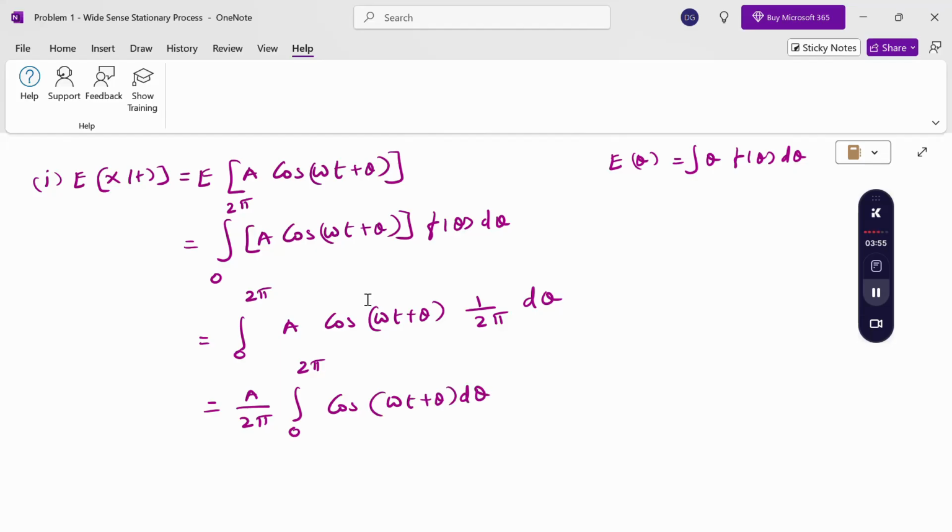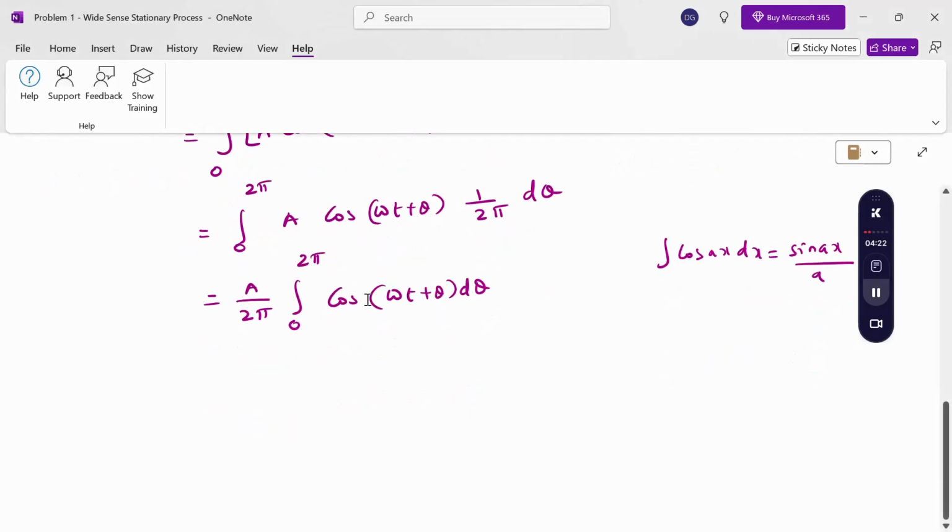Now, generally the integration of cos(ax) dx equals sin(ax)/a. For the variable x, the coefficient of x, whatever the value, is treated as a constant, and after integration it is written in the denominator. Here θ is the only variable, and the other values are constant.